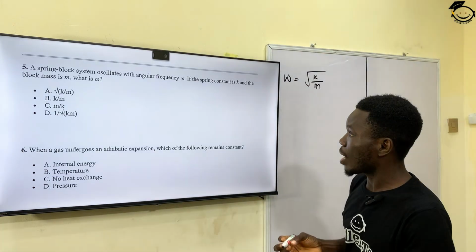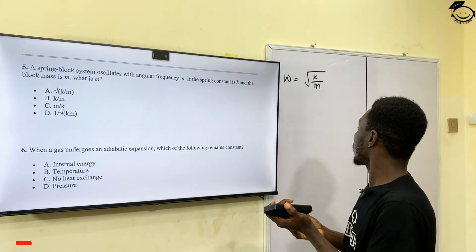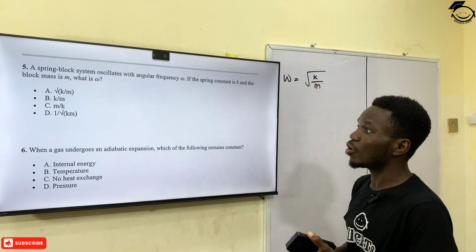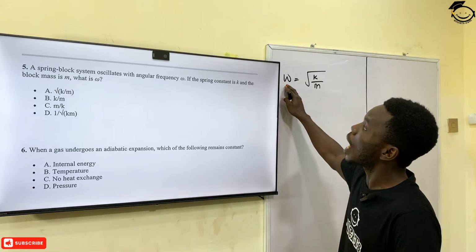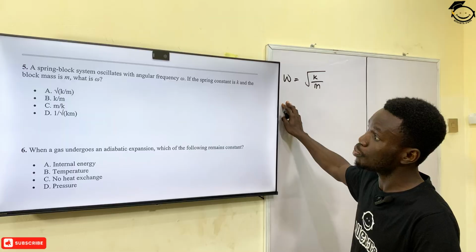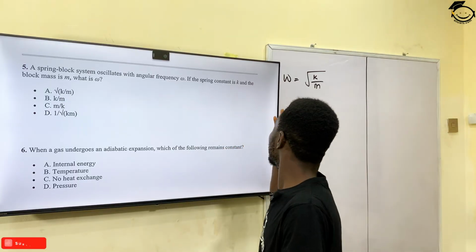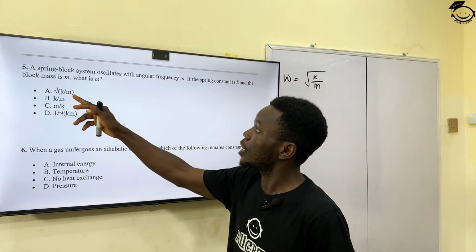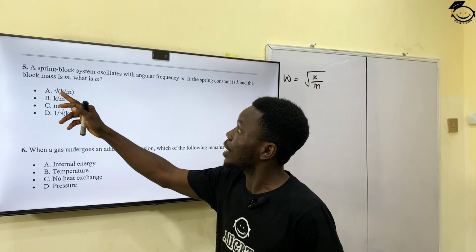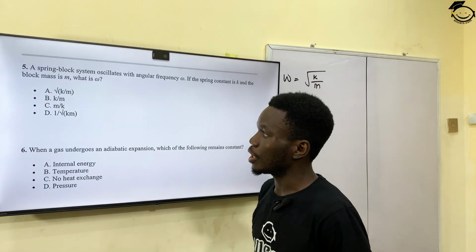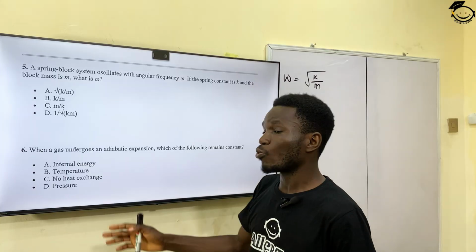So the square root of the constant over your block mass will give you your angular frequency in simple harmonic motion. We'll look for the option that has this formula, which is option A, saying that omega is equal to square root of k over m. Moving on to question number 6.